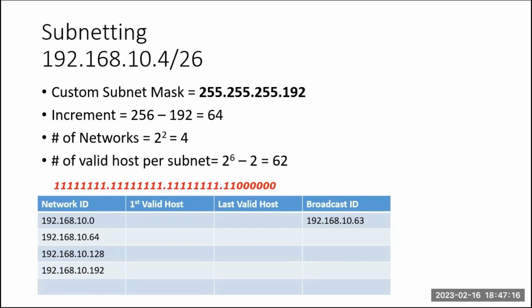If we were not subnetting, the broadcast ID would have been 192.168.10.255. But since we're doing the subnetting now, the broadcast ID is the number just before the next network or the next subnet.